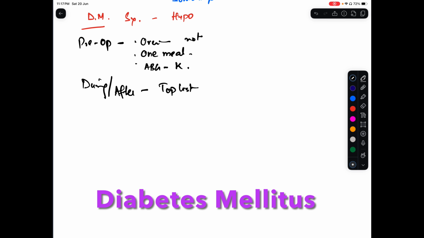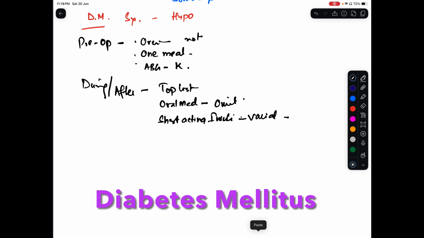If diabetes is controlled by oral medication, just omit that drug. If the patient is on short acting insulin, then use a variable scale. The patient is expected to miss no more than one meal.